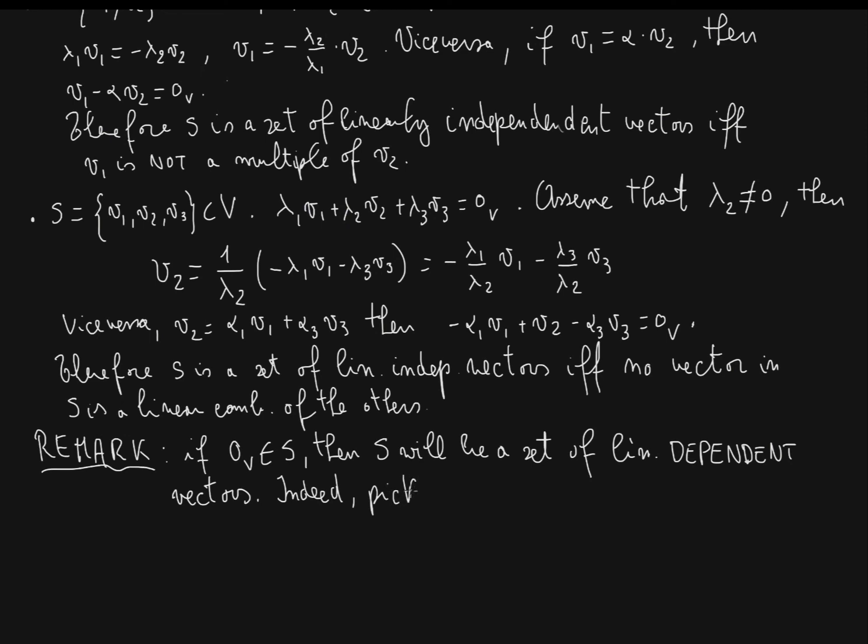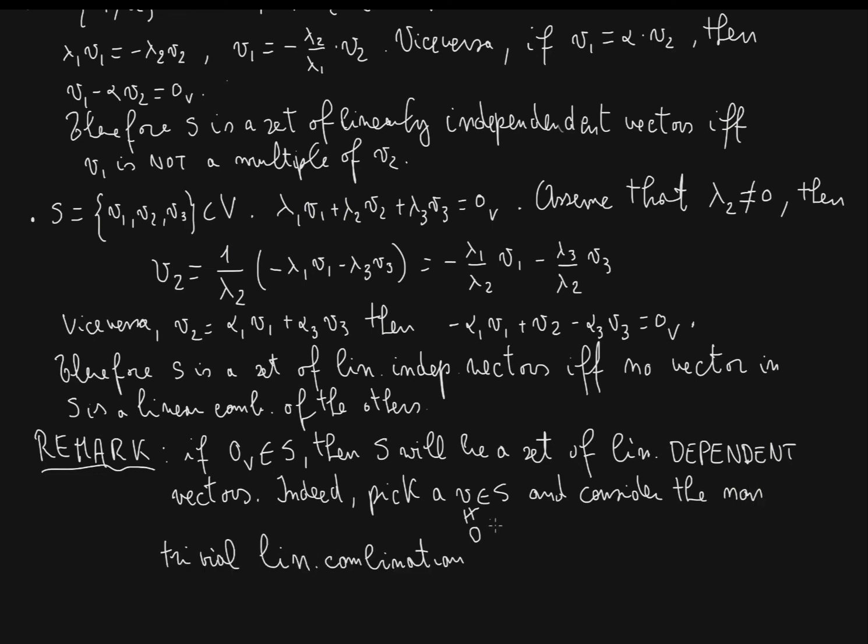Indeed, pick a non-zero V in S, okay, and consider the non-trivial linear combination given by 0 times V plus a non-zero scalar, let's say 1, times 0.